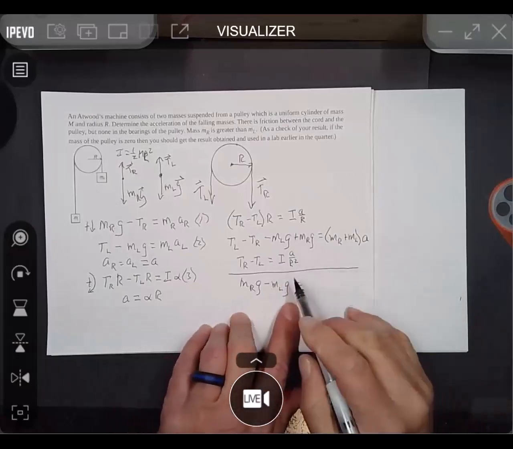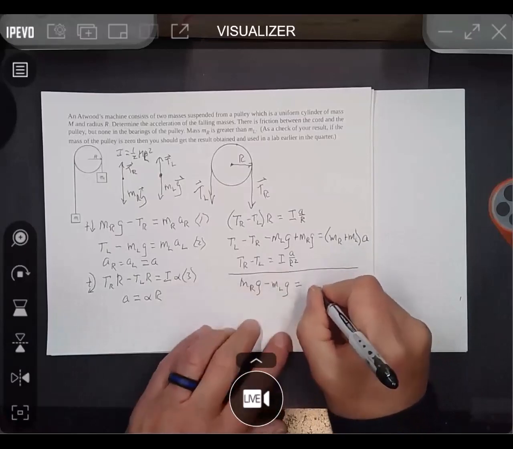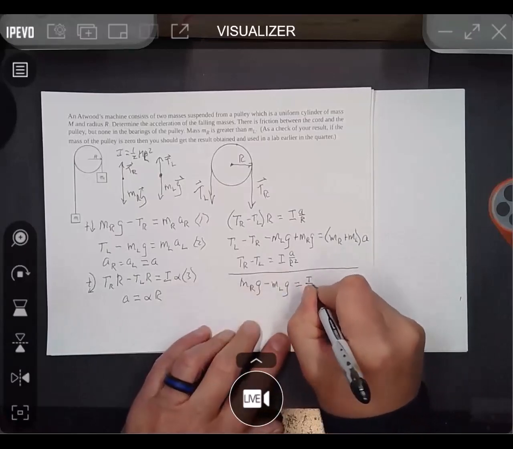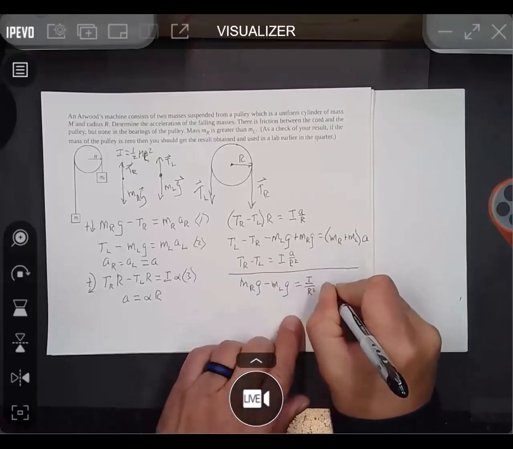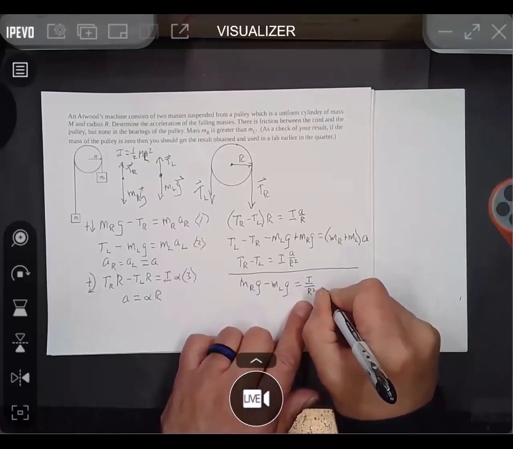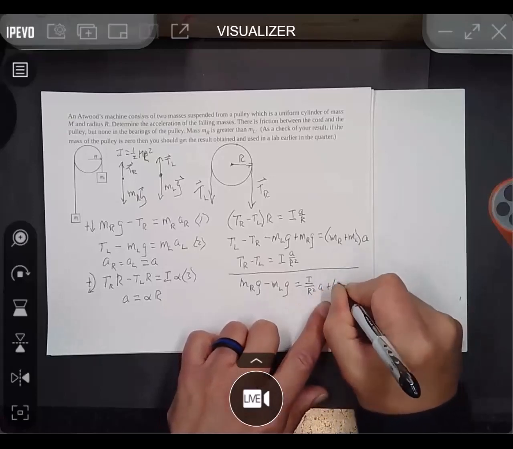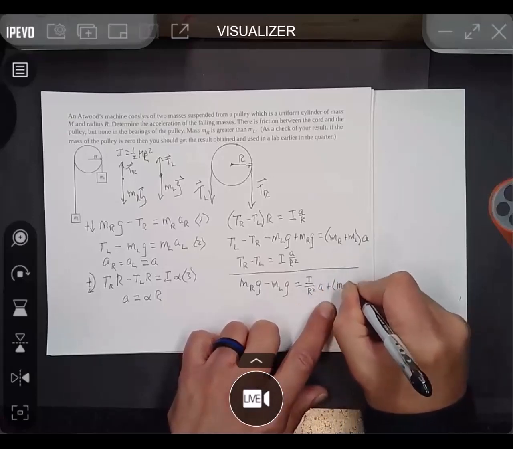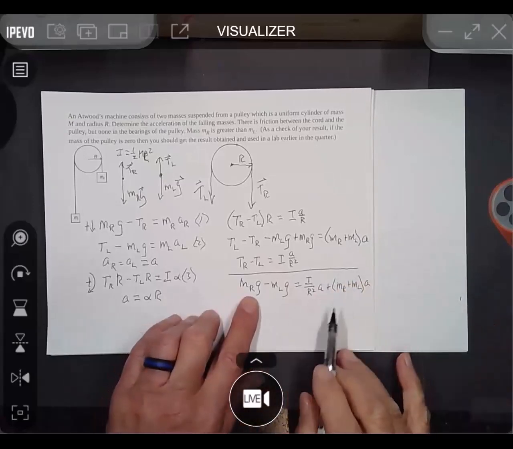And then on the right side, I'll have, actually, I'm going to write it as I divided by R squared times A plus M sub R plus M sub L times A. Yeah, I think this will work.